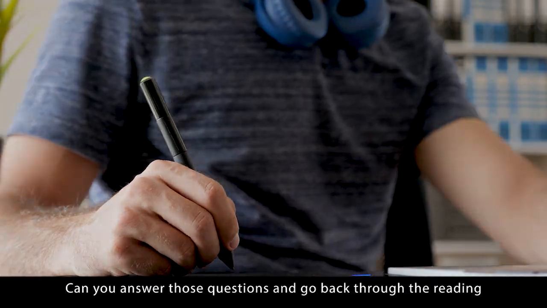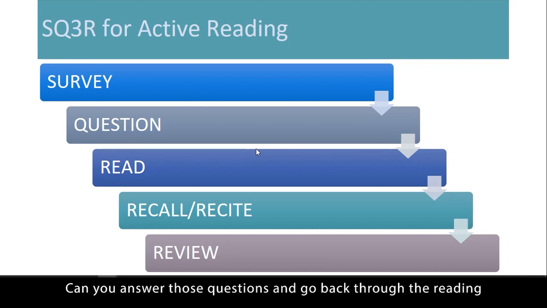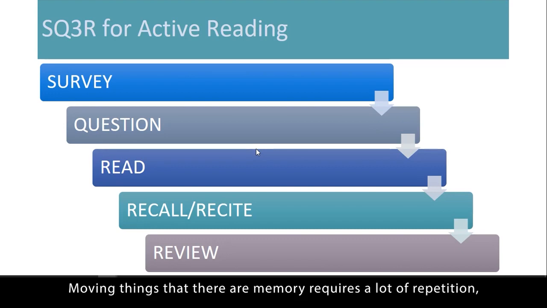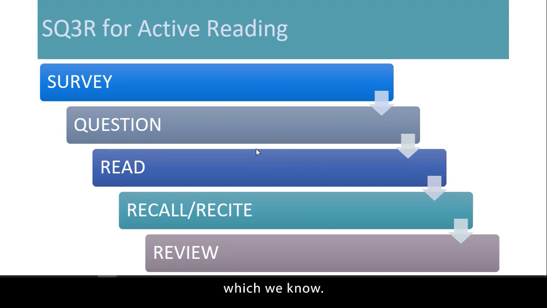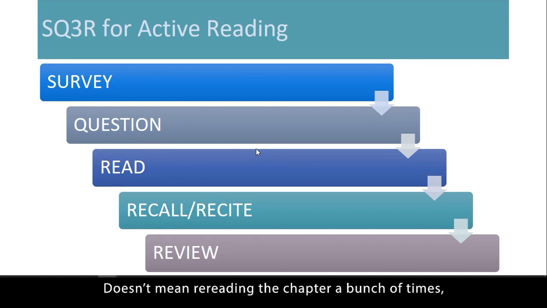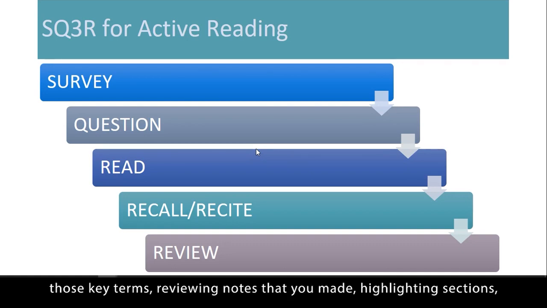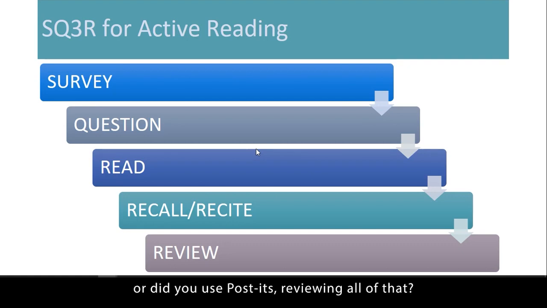Can you answer those questions and go back through the reading? And then you're going to want to review, right? Moving things through our memory requires a lot of repetition, which we know. That doesn't mean rereading the chapter a bunch of times. It means following these steps and then going back and reviewing those key terms, reviewing notes that you made, highlighting sections, or did you use Post-its, reviewing all of that.